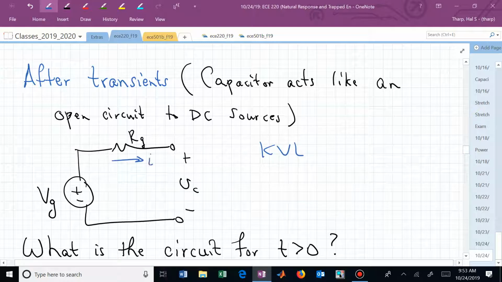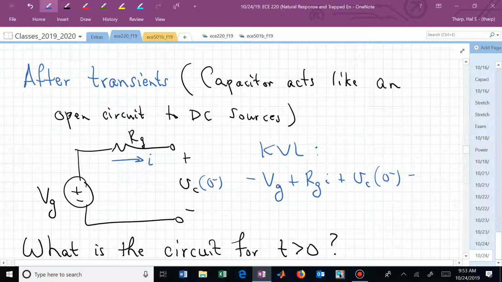We could say, here's a current I. KVL says we have minus V sub G plus R sub G I plus V sub C. Let's say we're close enough to the origin that it's in its steady state position.